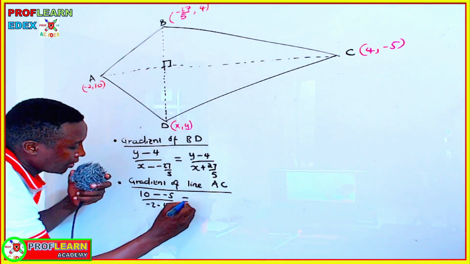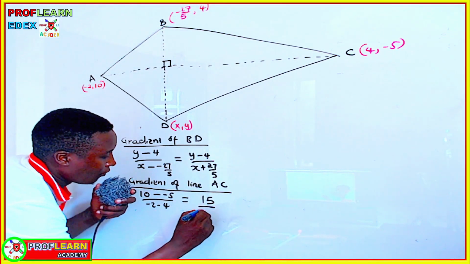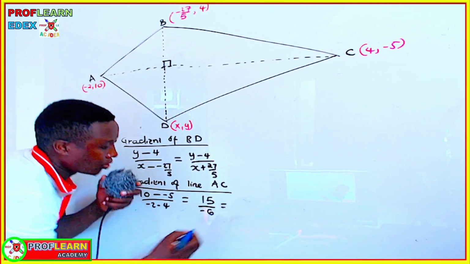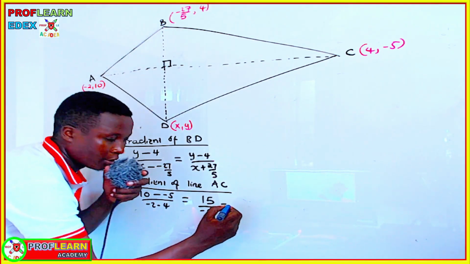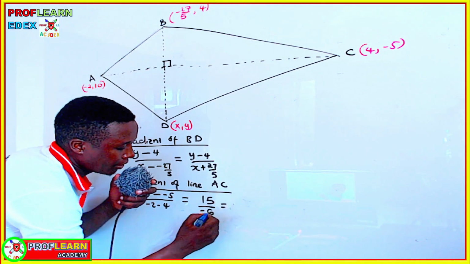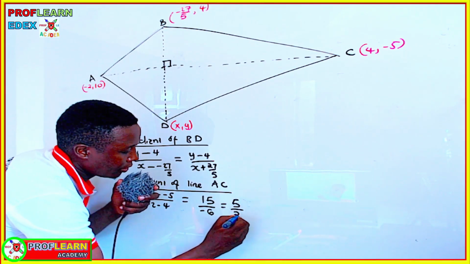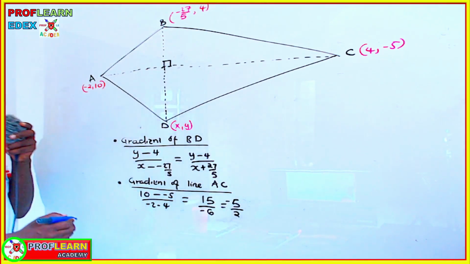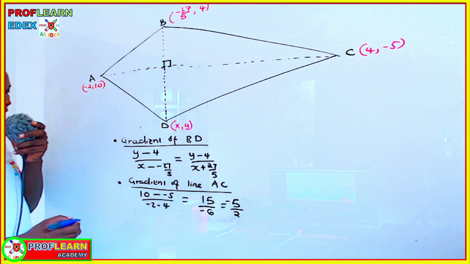If we work it out, this is 15 over negative 6, which translates to 3 going into 15 five times and into 6 two times. So this is negative 5 over 2. So how is this going to help us?